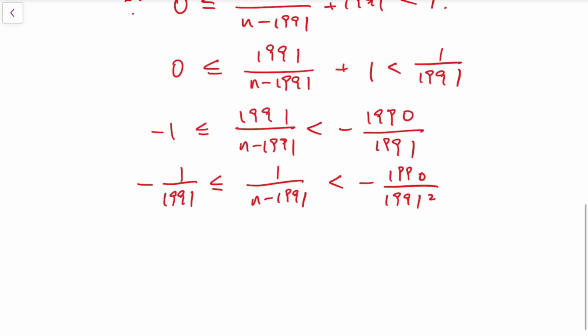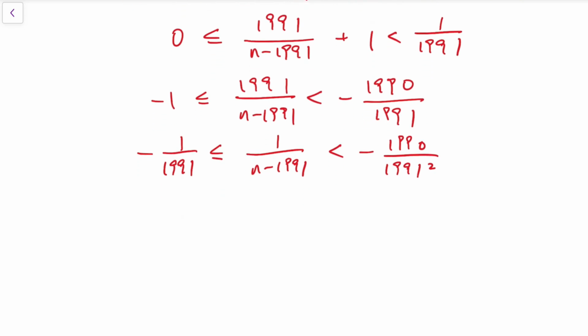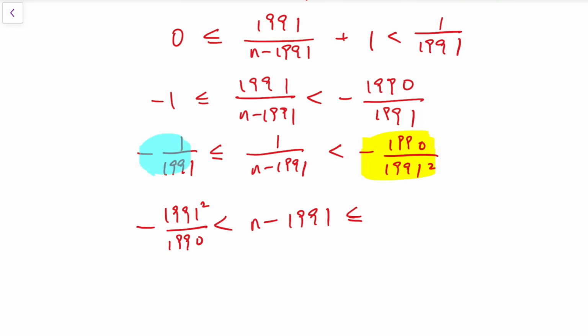And then we have a much harder step, which is to take the reciprocal of all parts. So the middle part we have n minus 1991, and then the minimal part is actually the reciprocal of the maximum part, and so we have minus 1991 squared over 1990, whereas the maximal part will be the reciprocal of minus 1 over 1991 instead.